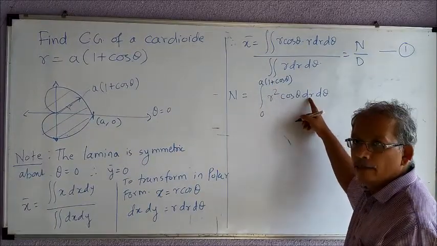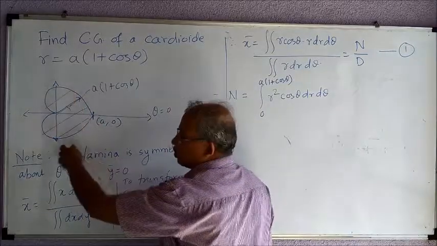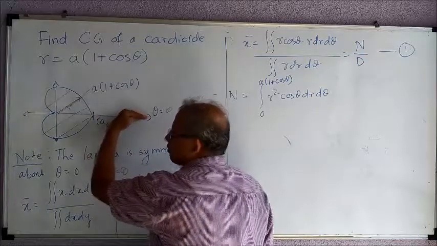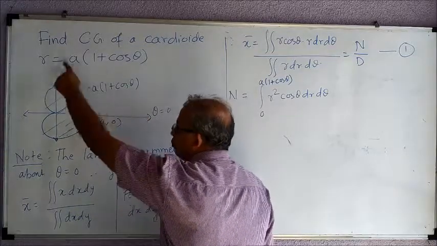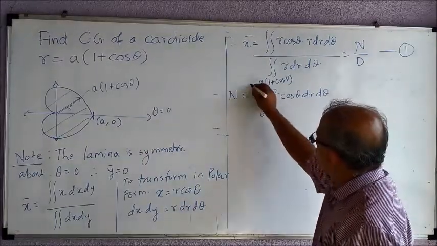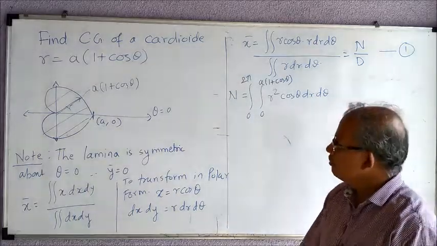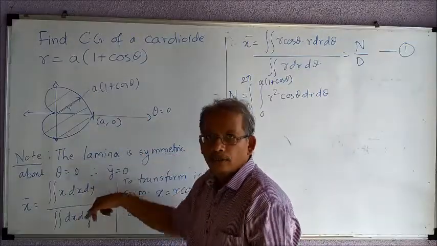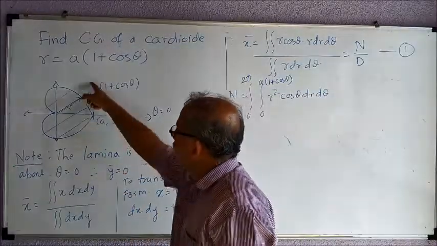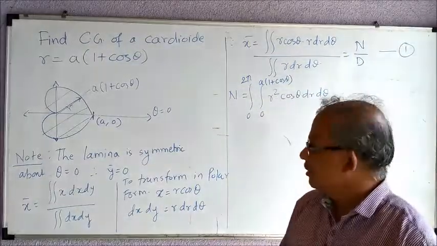So dr, and with respect to theta, I need to cover this entire region. I can take this from theta equal to 0 line and move it to theta equal to 2 pi. So the outer integration will be from 0 to 2 pi, because we need to cover the entire region in the anti-clockwise sense. So theta will be varying from 0 to 2 pi.